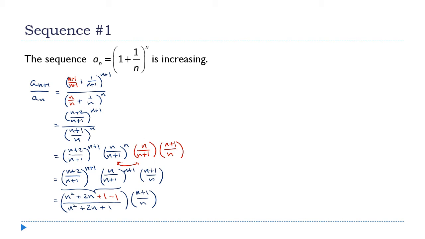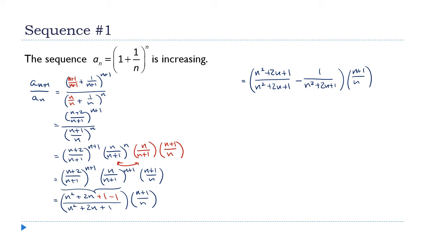I'm going to split this into 2 fractions. I'm going to make it (n squared plus 2n plus 1) over (n squared plus 2n plus 1), minus 1 over (n squared plus 2n plus 1), still times (n plus 1) over n. Okay, good.